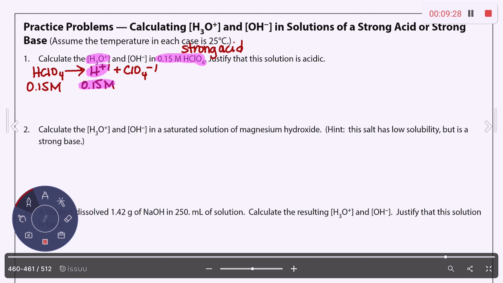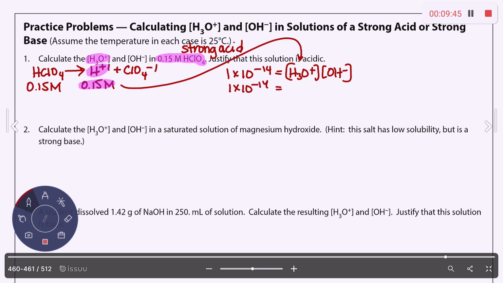Okay, so now I can write out my equation. So it's 1 times 10 to the negative 14 equals hydronium times hydroxide. So you're going to put this 0.15 here.